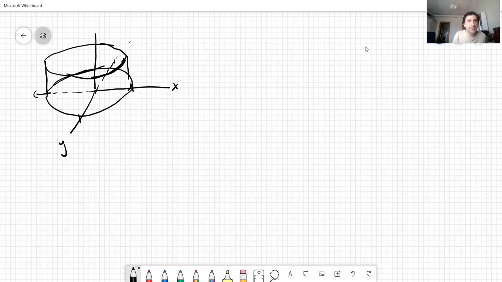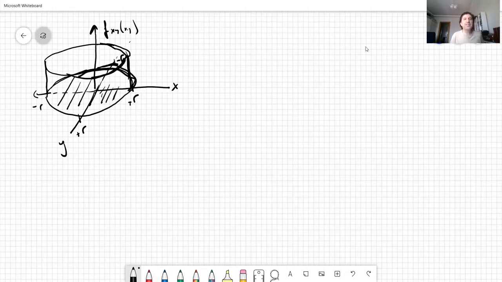Actually, this looks like a cylinder, right? So this is going to be our f_XY. Basically, between plus r and minus r, which correspond to the radius, we have this circle here. The interior region of this circle is accessible, and over this interior region we have a uniform probability density.